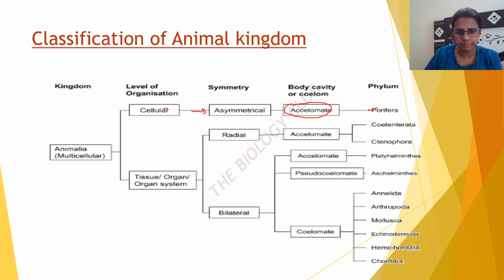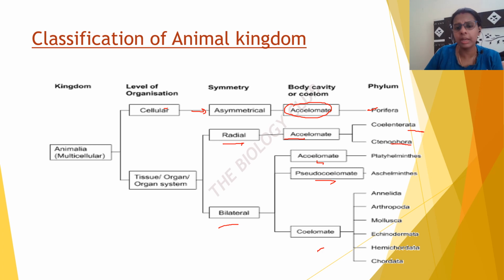In tissue, organ, or organ system level, we have two types of symmetry, radial symmetry and bilateral symmetry. In radial symmetry, you have acoelomates, that is Coelenterata and Ctenophora. In bilateral, there can be acoelomate, pseudocoelomate or coelomate.